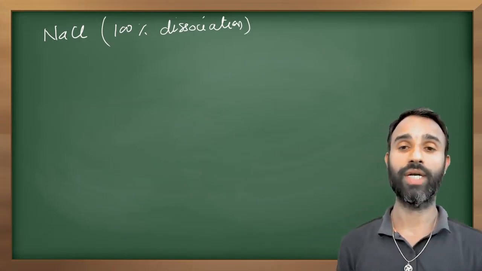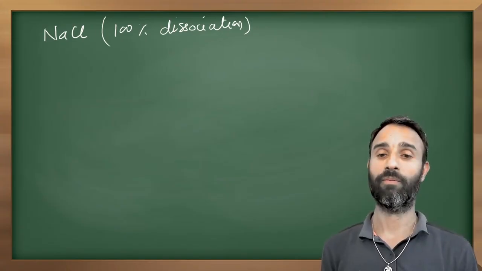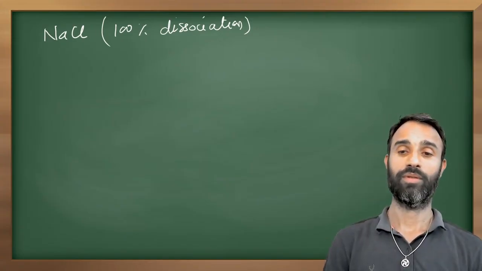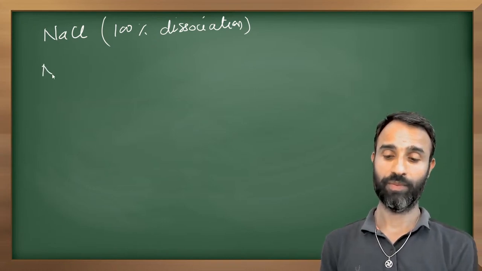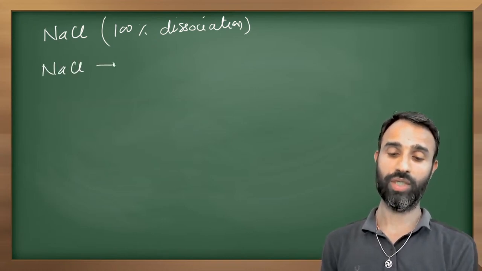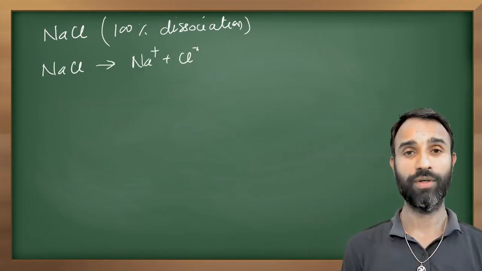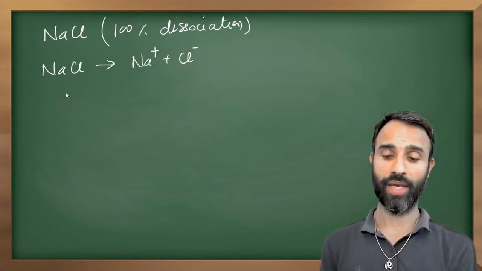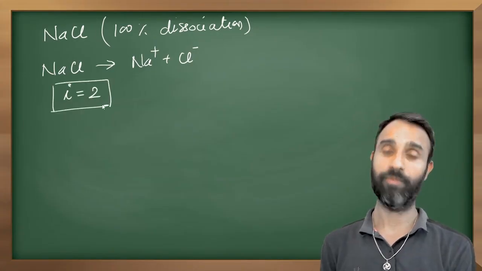What is the value of I? So let me tell you, NaCl. If NaCl undergoes dissociation, it gives Na plus and Cl negative. Means how many particles will it give? 2. So I is equal to 2 for NaCl.